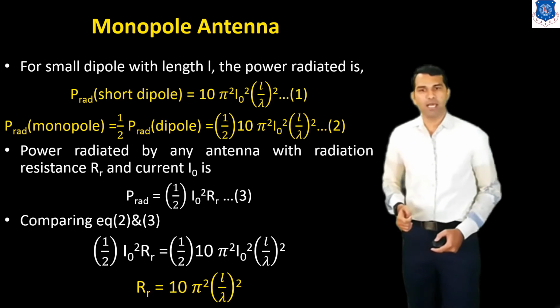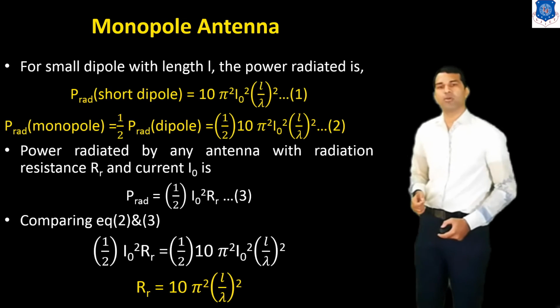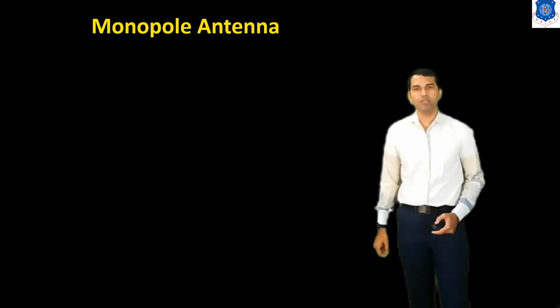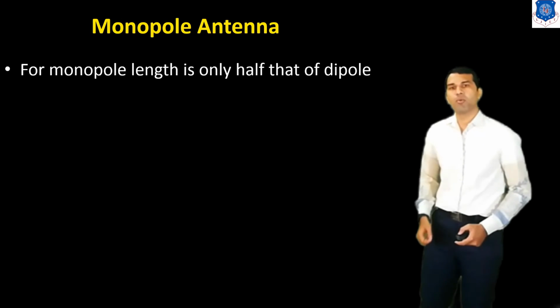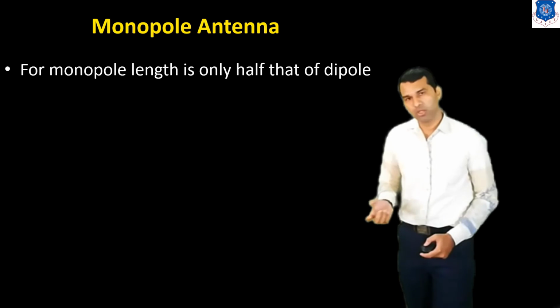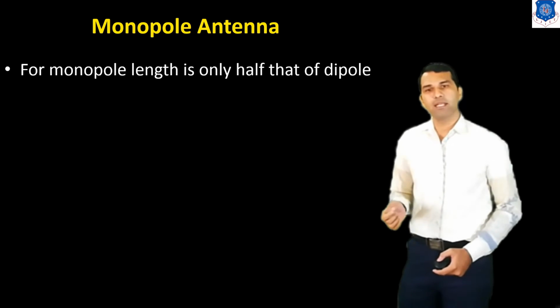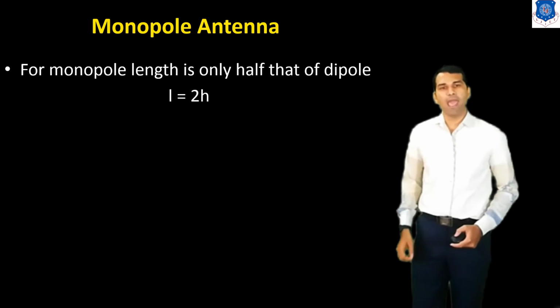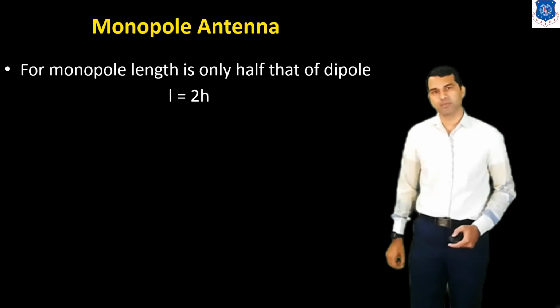We can see here the radiation resistance value depends on L and lambda. Now, the monopole length is only half that of the dipole. We know that the monopole antenna length is half of the dipole, so L is equal to 2h.